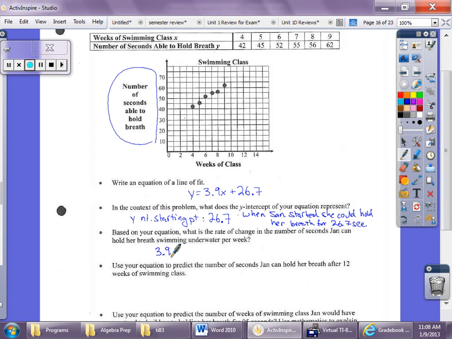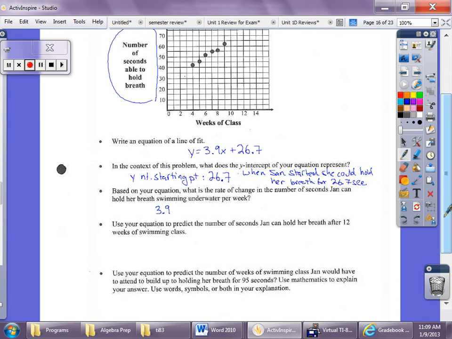Use your equation to predict the number of seconds Jan could hold her breath after 12 weeks of swimming. We have our equation, y equals 3.9x plus 26.7. Since it's 12 weeks, we know that x is going to equal 12, so we can plug in 12 for x.